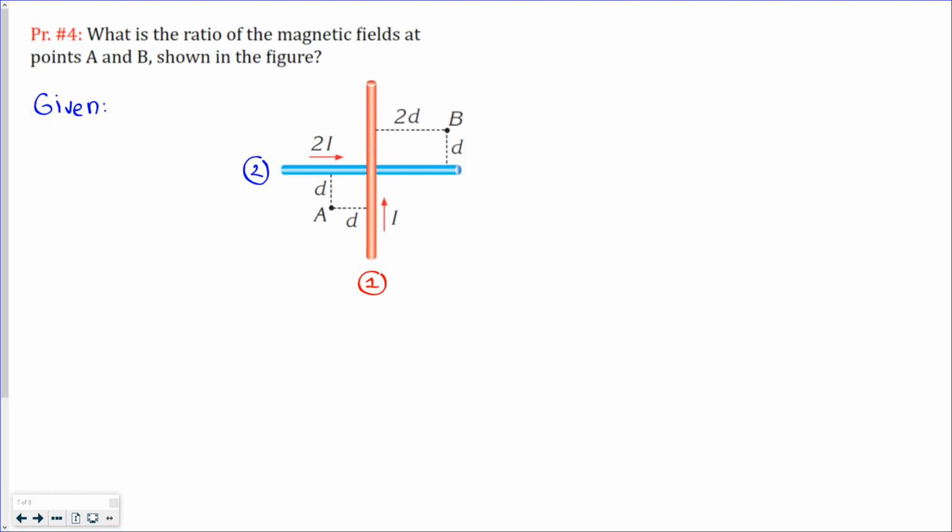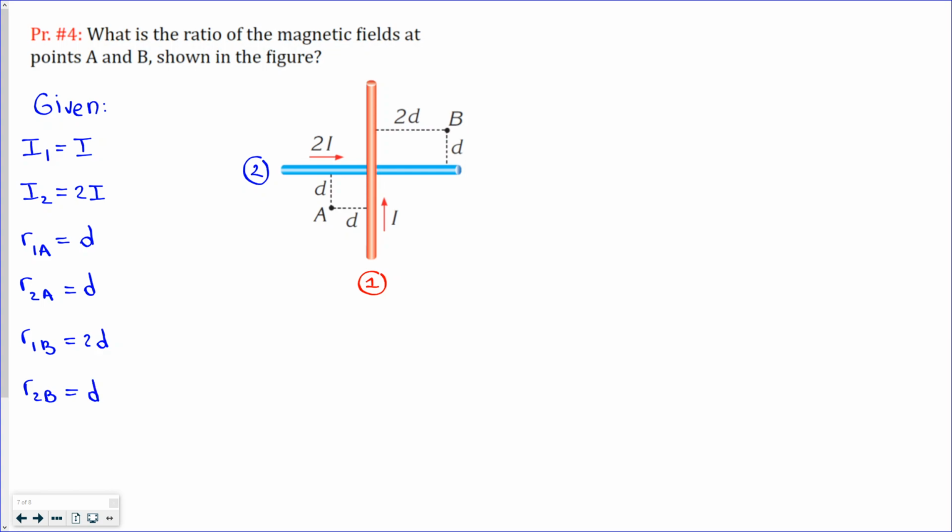So the current which flows through the first wire is I, and the current which flows through the second wire is 2I. The distances at point A: the distance from the first wire to point A is D, and the distance from the second wire to point A is also D. At point B, the distance from the first wire to point B is 2D, and the distance from the second wire to point B is D.